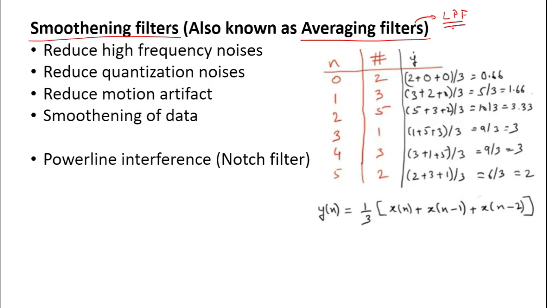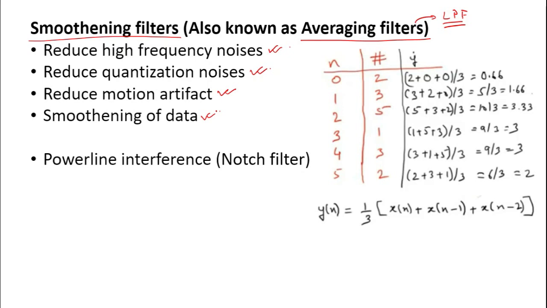What are the applications of these? The four most common applications are reduction of high frequency noises, reduction of quantization noises, reduction of motion artifact, and lastly smoothing of data.